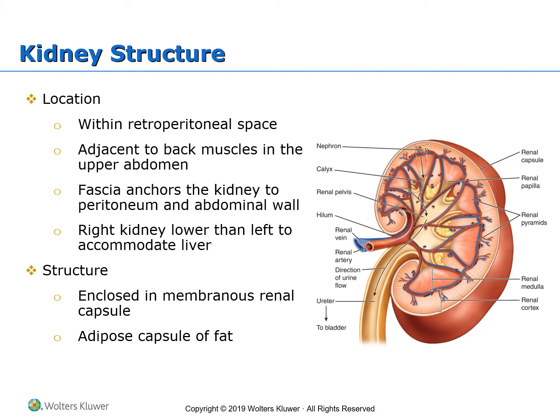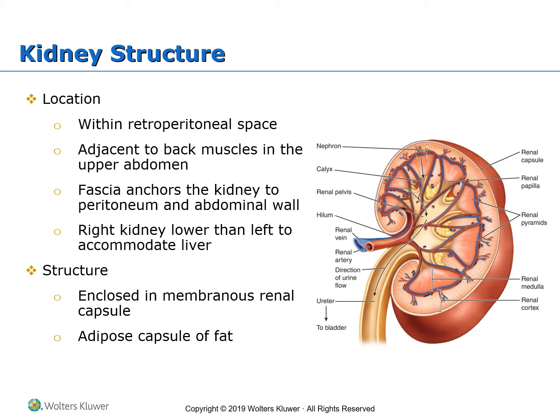We'll describe now the anatomy of the kidney, and we'll start with the macroscopic, the location and the macroscopic structure of the kidney. Kidneys are a bean-shaped type of organ, and they are located in the upper abdomen. However, in the posterior part of the abdomen, they are considered an extraperitoneal organ.